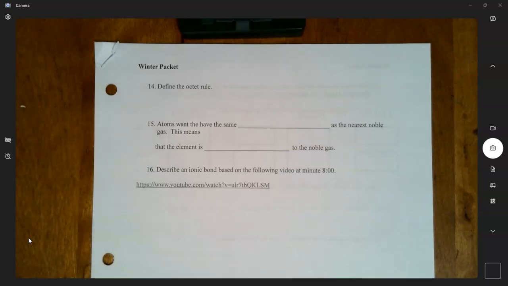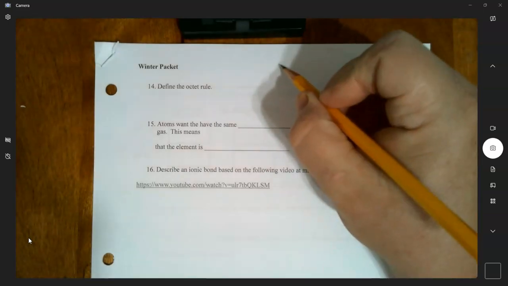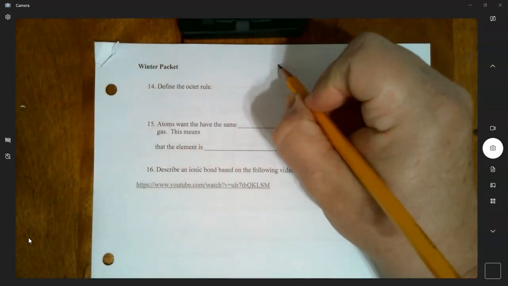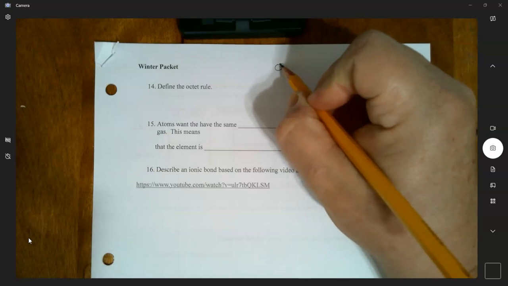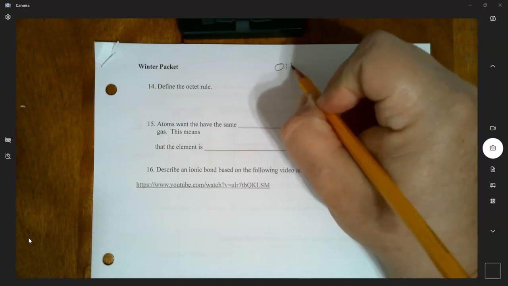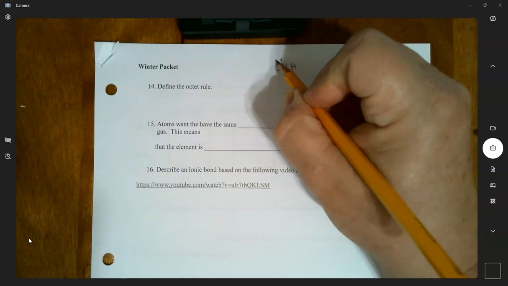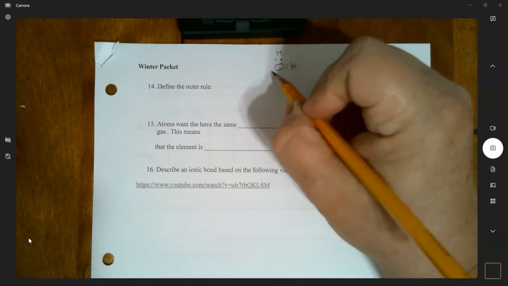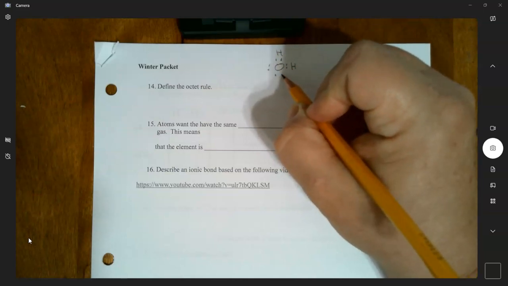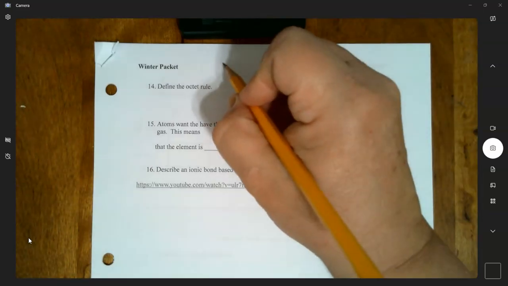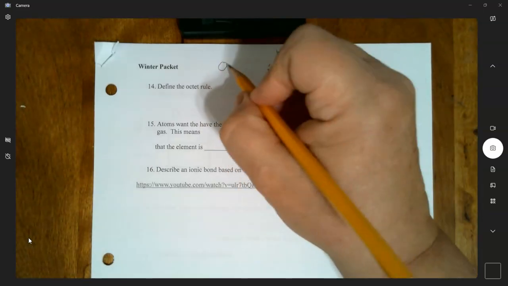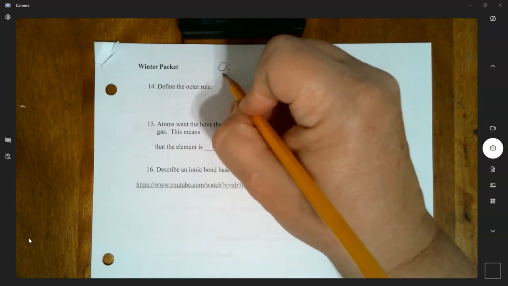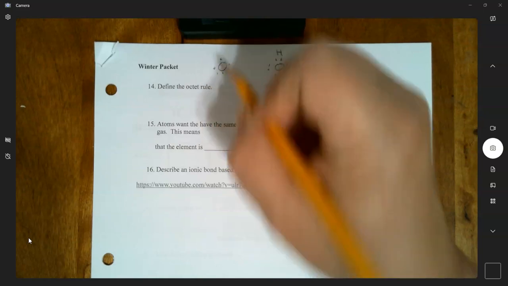So the standard octet would work like this. So we can have an oxygen, and it can be bonded to hydrogens. So the oxygen, before it's bonded, let's draw that, is going to have 6 valence electrons.